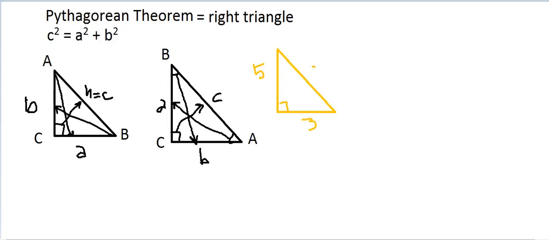So we're going to find the measure of C, since that is the opposite side of the largest angle. So we will solve this one using the Pythagorean theorem, which is c squared equals a squared plus b squared.